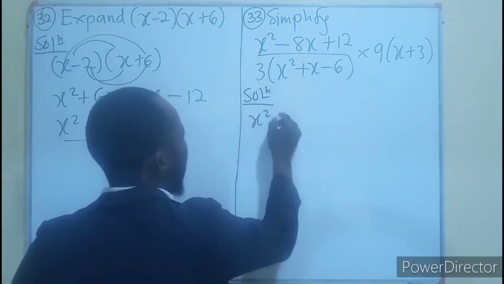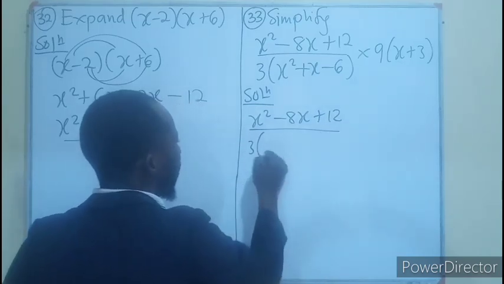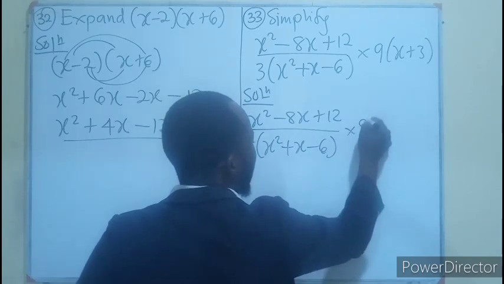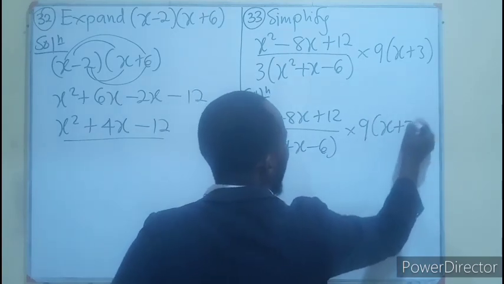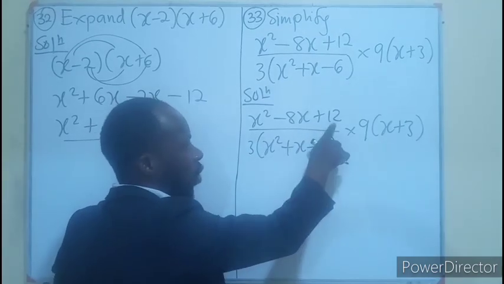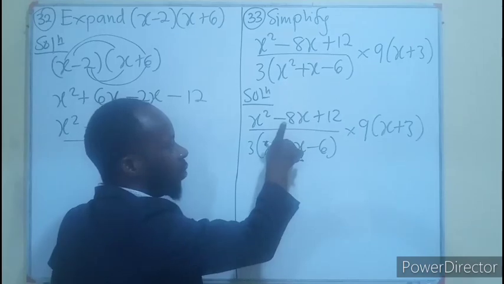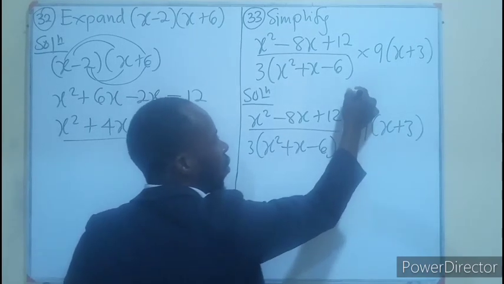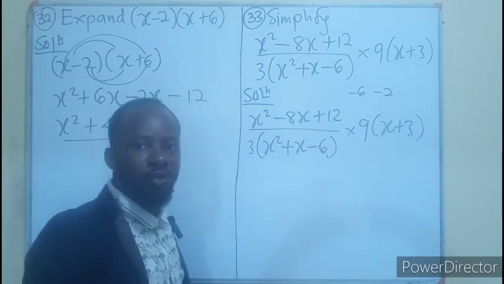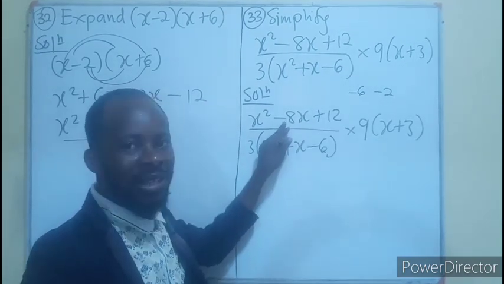To factorize x squared minus 8x plus 12, I look out for factors of 12 which, when I add, I get negative 8. Negative 6 times negative 2 will give me a positive 12, but if I add, I will be getting negative 8.